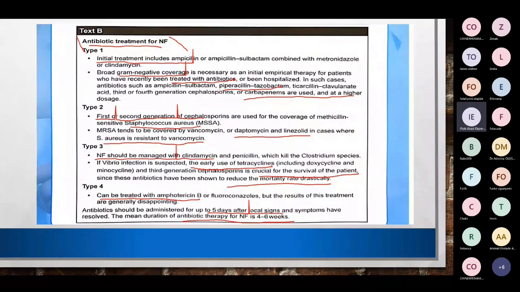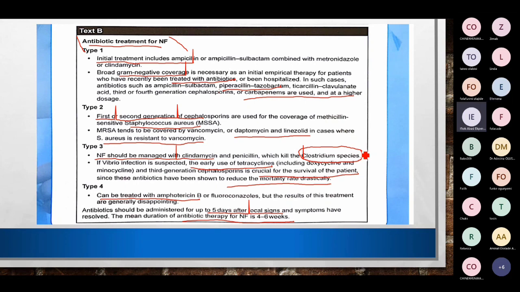Looking for the words Clostridium species. It is in type 3. Somebody has seen it in type 3, so let's read type 3. I can see that's true. She's correct. I can as well see Clostridium species here. Whenever you see your keyword, please read the entire sentence like I said.